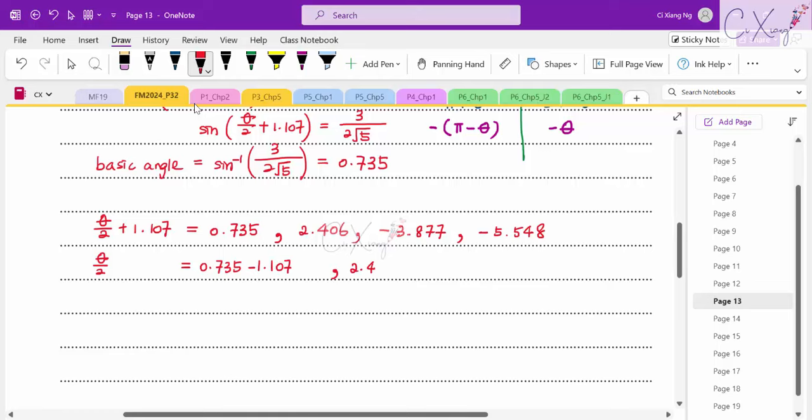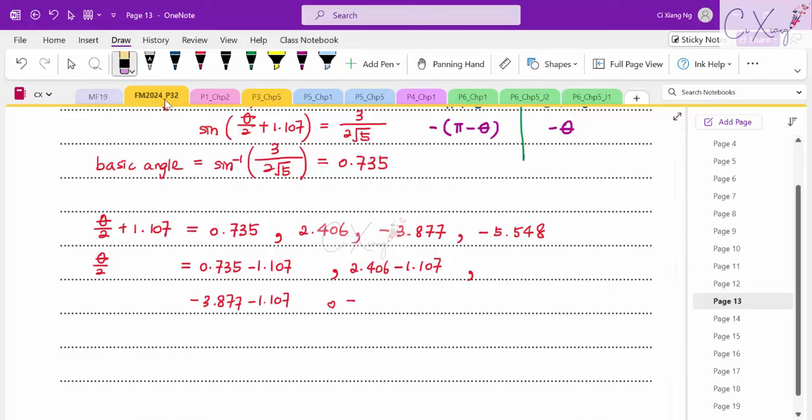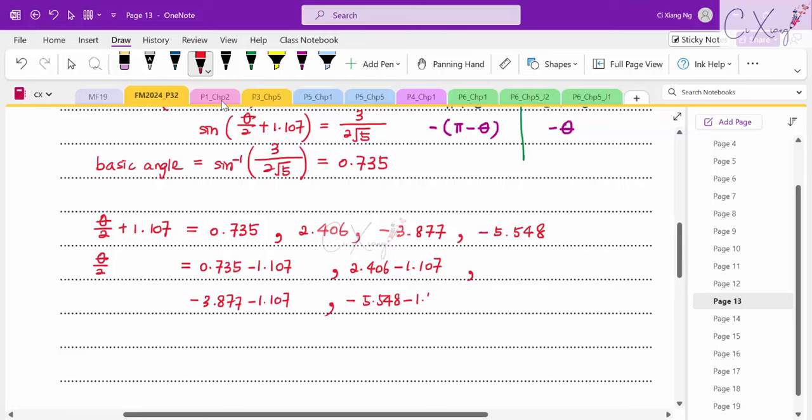Then 2.406 minus 1.107, second answer. The third one is negative 3.877 minus 1.107. And lastly, we have negative 5.548 minus 1.107. So this should be the full answer that I get after I bring the 1.107 over.